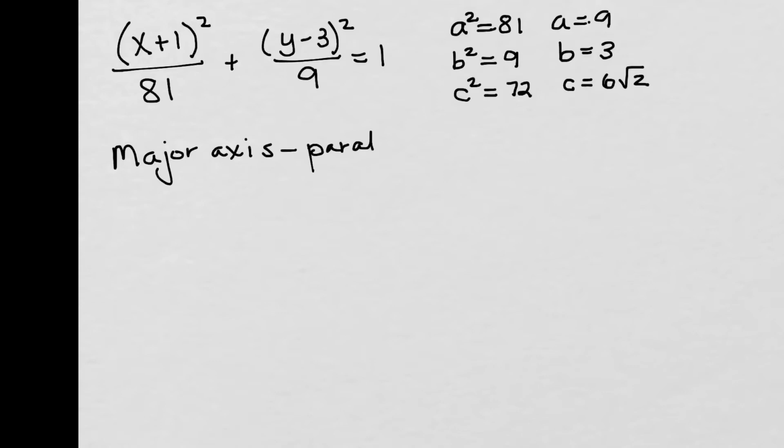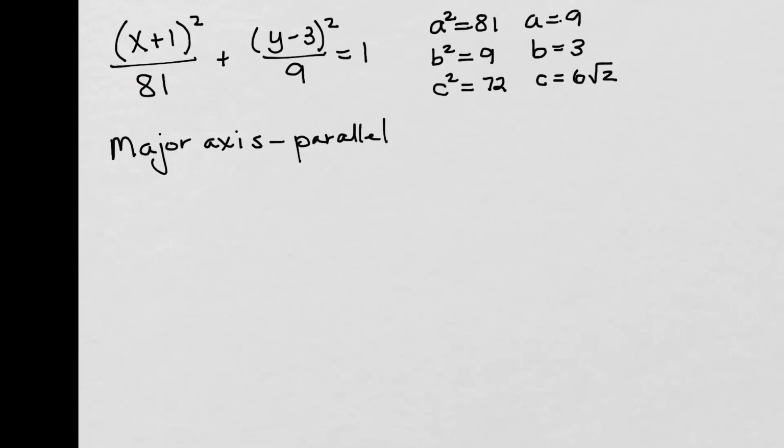So the major axis is always going to be parallel to the axis of the variable that's over the larger denominator.